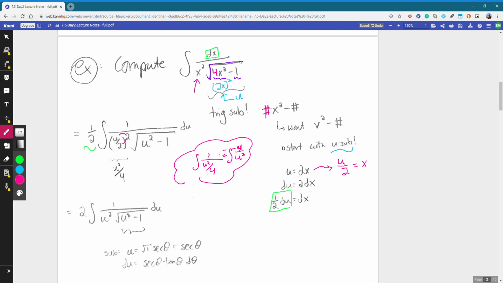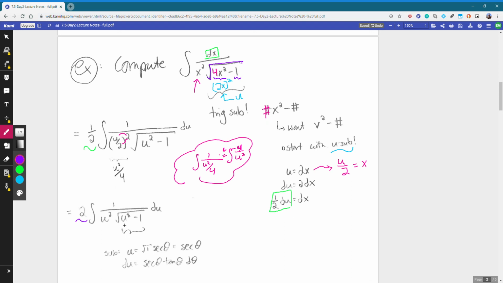And that 4 we can then pull out, and that'll land up here where the 1 was over the 2. And so our constant multiple out front will simplify down to just a factor of 2. And we're left with just u squared there outside the square root in the denominator.